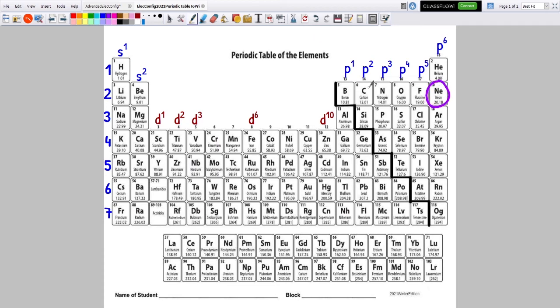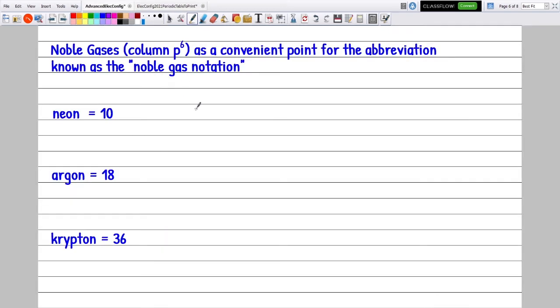We have to account for 10, and it's going to be in 2p6. And so we're just going to end it at 2p6, and before 2p is 2s2, and then before that is 1s2. So the complete electron configuration of neon is 1s2, 2s2, 2p6. And you have to notice something here. The s and the p orbitals are completely filled.